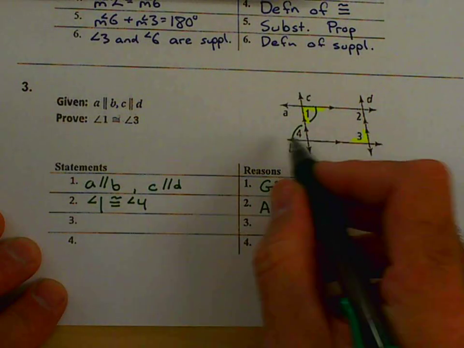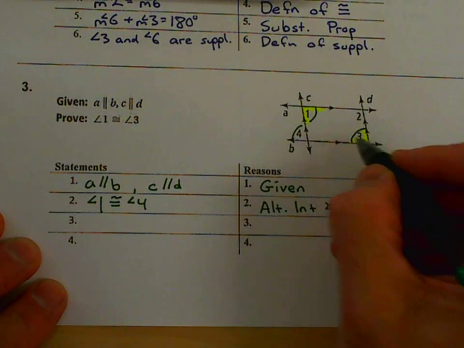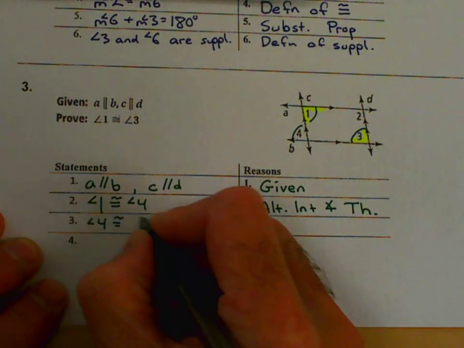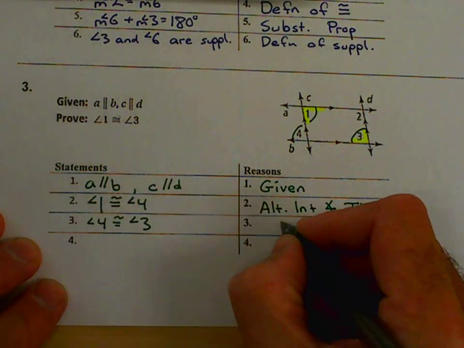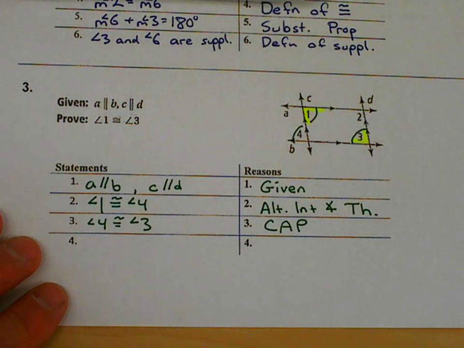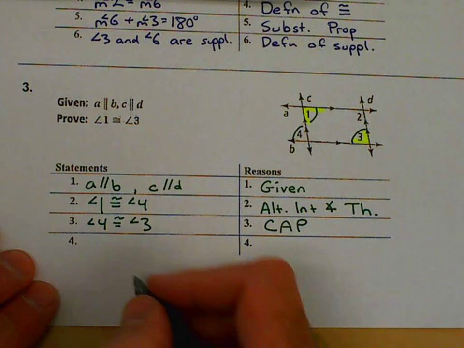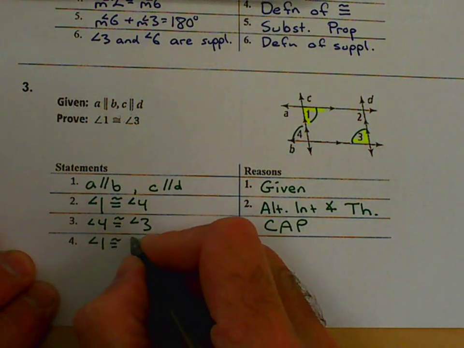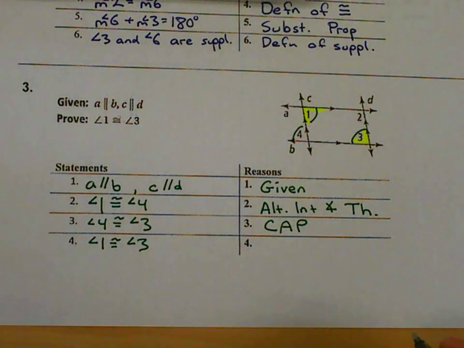And then corresponding, we can get angle 4 congruent to angle 3 by corresponding angle postulate. And now that you have those two, 1 is obviously going to be congruent to 3 by the transitive property. That's how we can justify that.